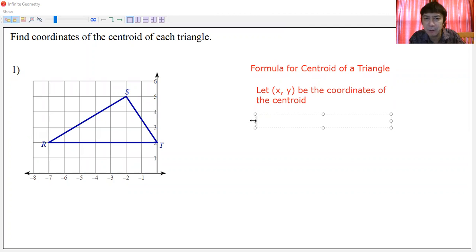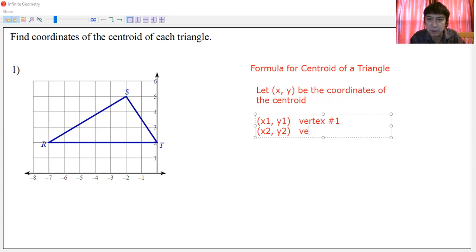We will have the points, say we call it point 1, that is we have x1 and y1. This is for the first vertex, and then we have the next vertex, x2, coordinates of the second.